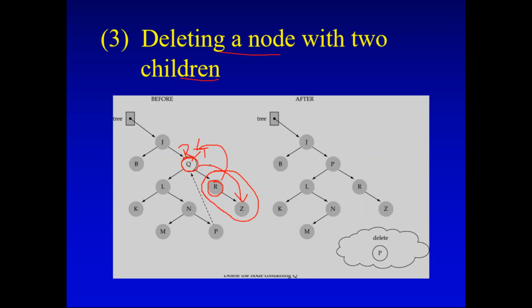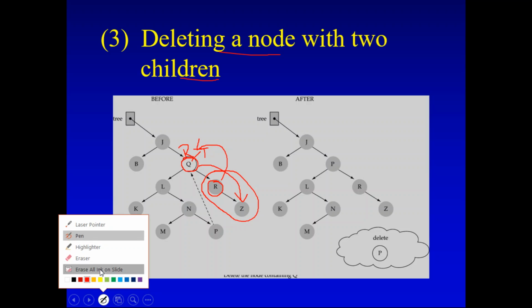This is the first way, which is identifying the infix successor of Q, replacing Q with it, and then deleting that particular node, the node by which you have replaced. Again for that node, you have to apply all the deleting rules, right? Fine. There is another method.